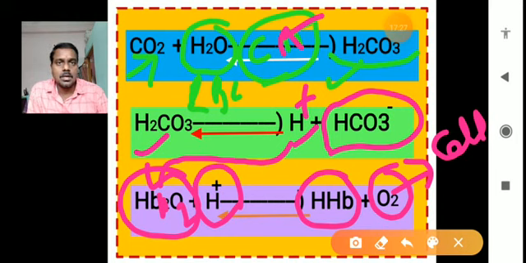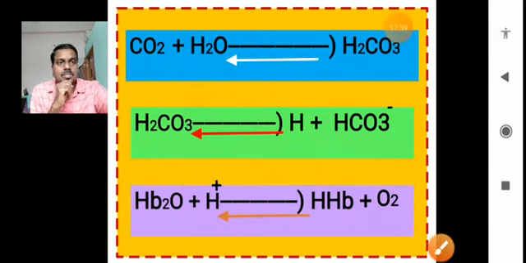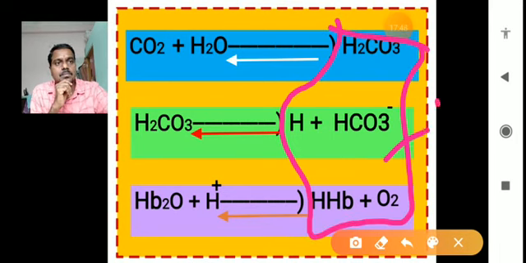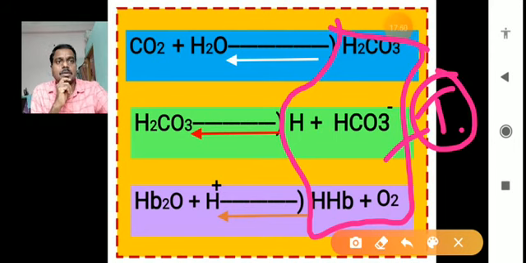So these are very clear equations about the formation of HHB. This is the tissue level. These equations form at the tissue level, that means cell level. The carbonic acid is formed, and also H plus, and finally HCO3 are formed at the tissue level, and HHB is also formed and oxygen is released.